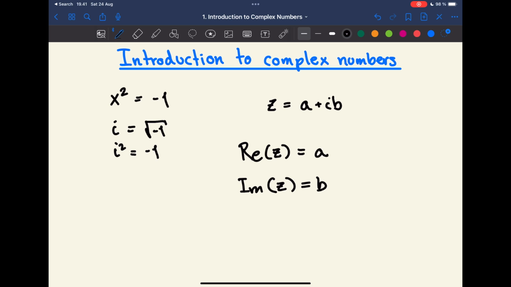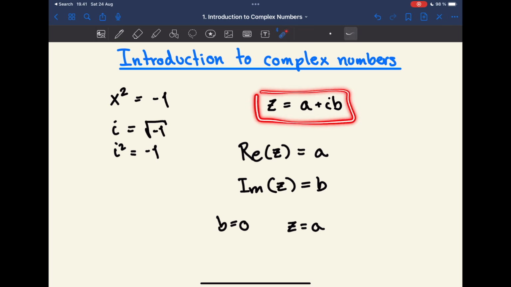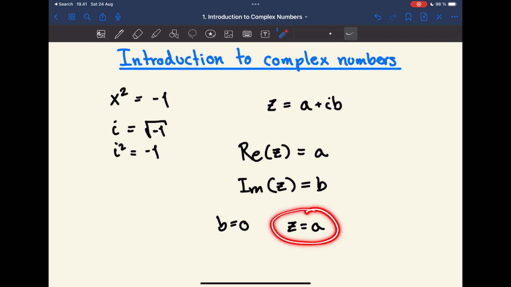Now we can also see that if, for example, b equals 0, then c would just equal a. And a is just a real number, and in that way c is actually a real number. So inside the complex numbers, we already have all the normal numbers, all the real numbers we're used to dealing with.